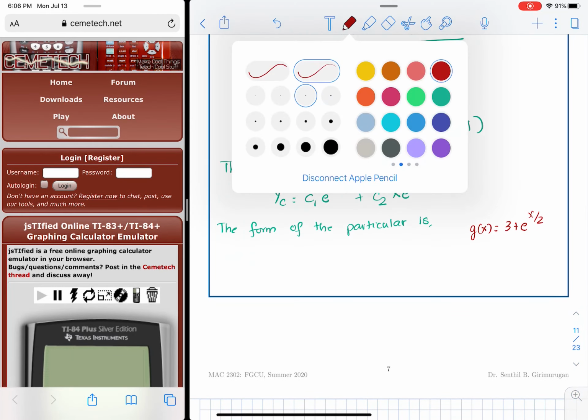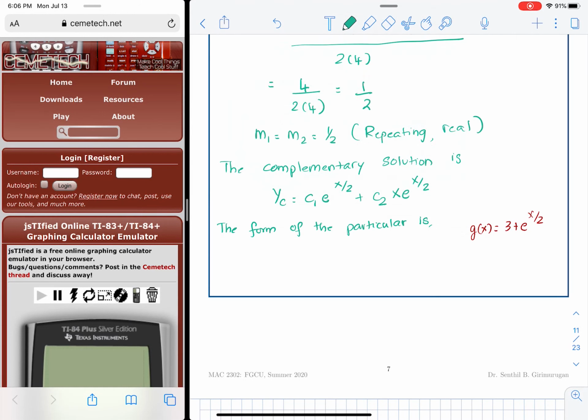So for yp, I see 3 over there, so I can simply put a constant, but I can't put b times e raised x over 2, because I have that term already in the complementary solution.